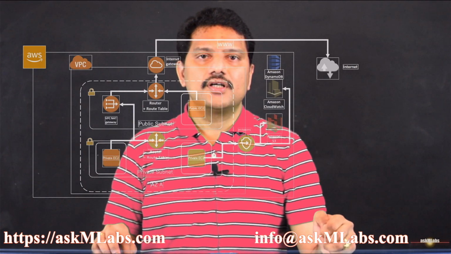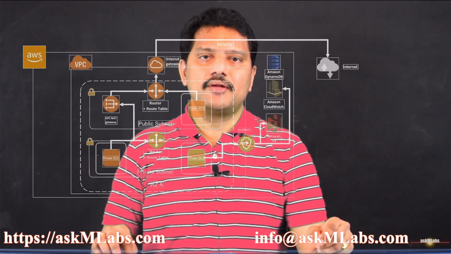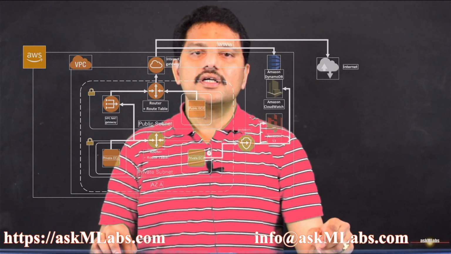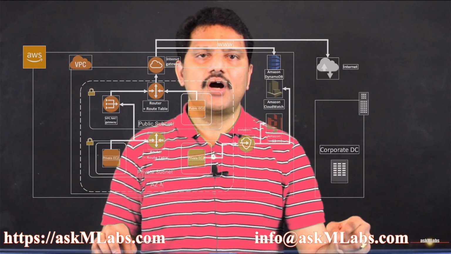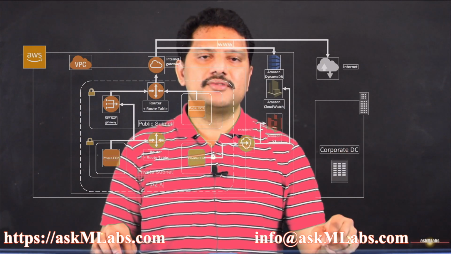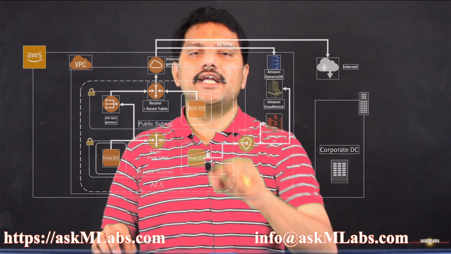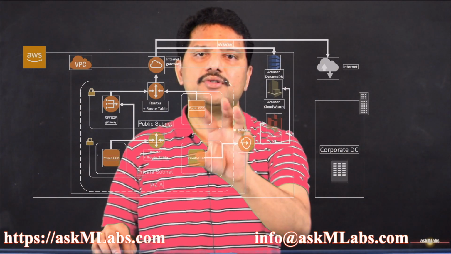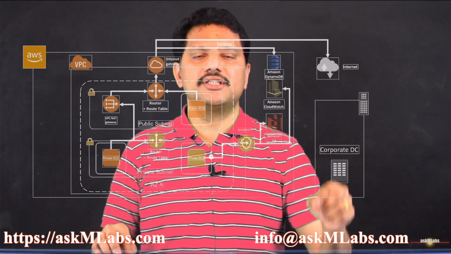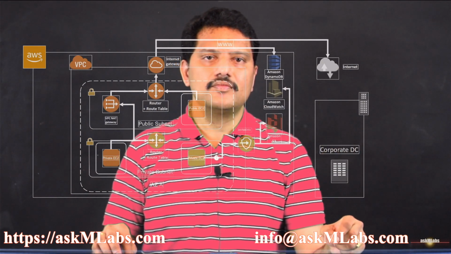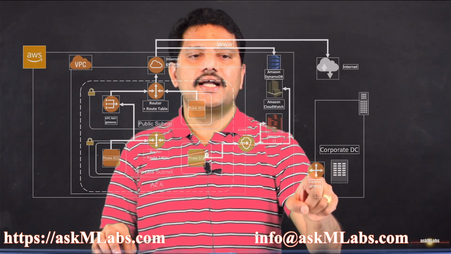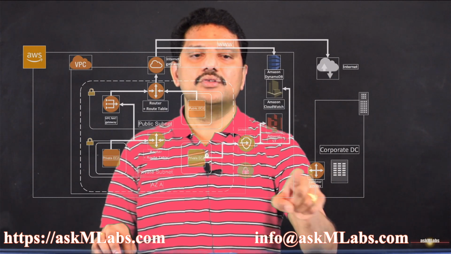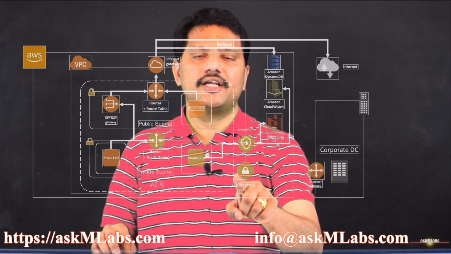Fine. Now let us assume that we have an on-premise data center defined here as customer DC. Now how can the customer on-premise data center talk to the AWS data center and how can AWS talk to the customer data center? For this we have two gateways, a customer gateway and a VPN gateway.